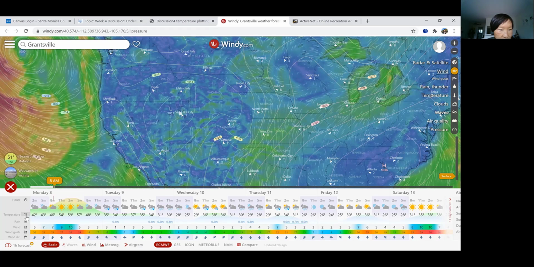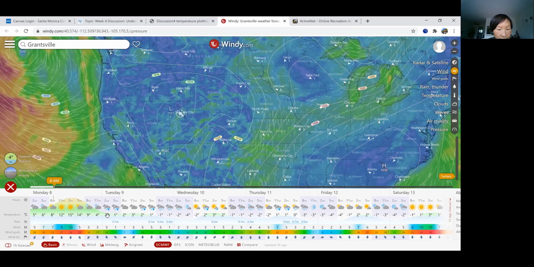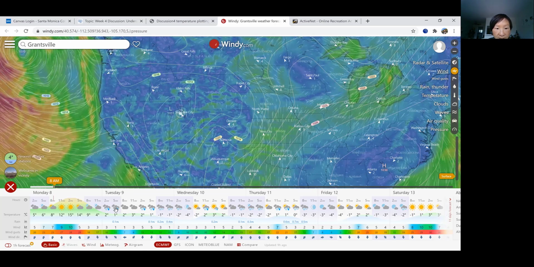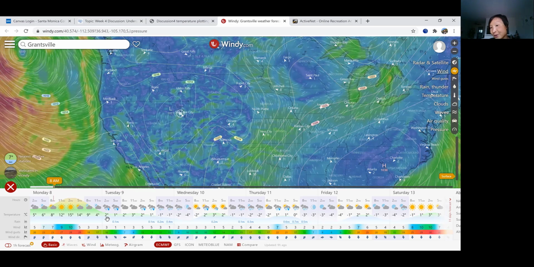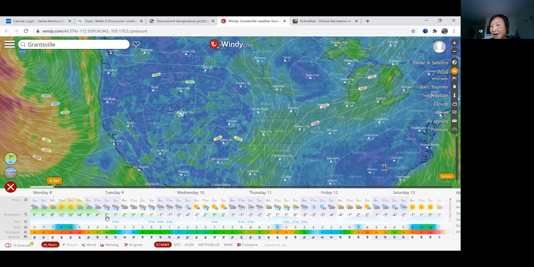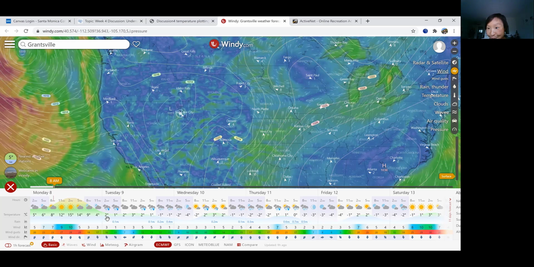So you can see here, for example, they have rain, they have snow on Tuesday, so you have very low temperature. You also want to count the impact of the weather. So in your discussion, you will have maybe more interesting comparison.